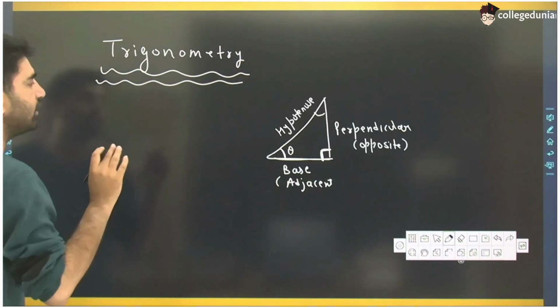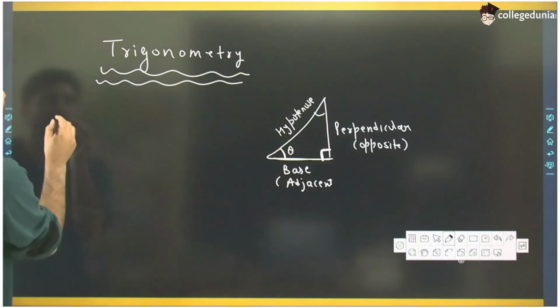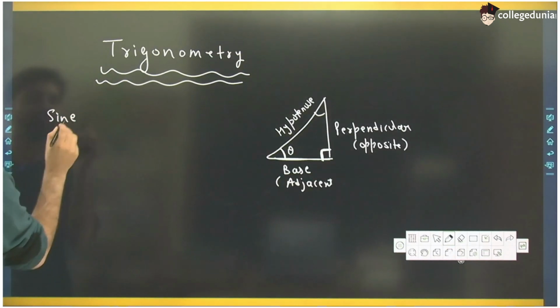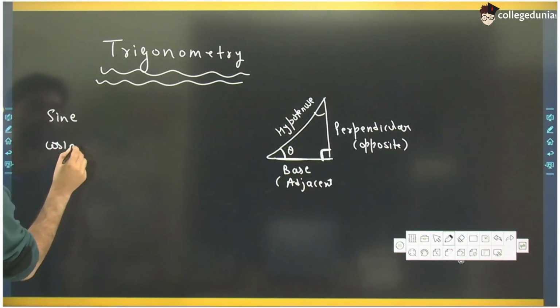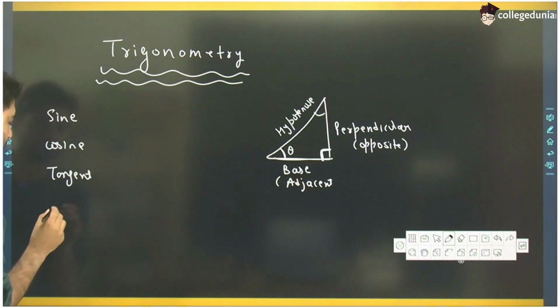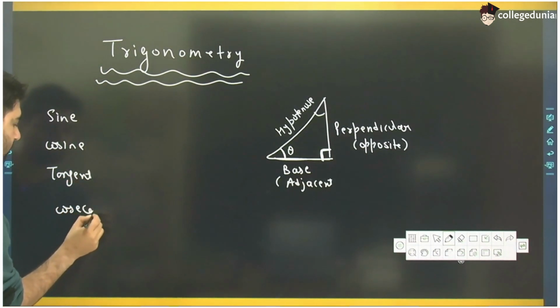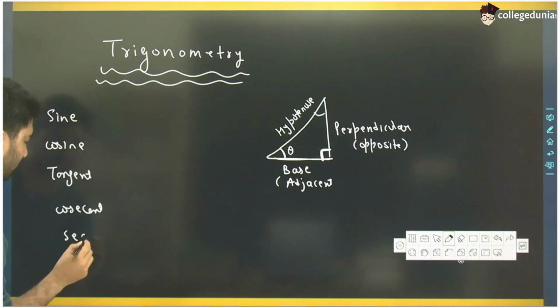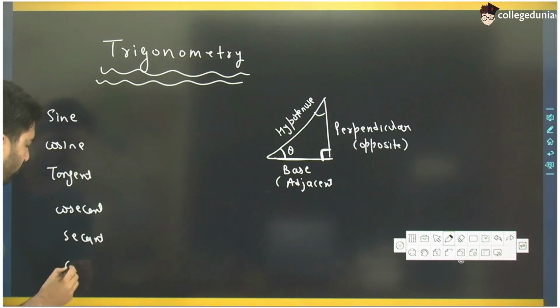There were 6 ratios: sine, cosine, tangent, cosecant, secant and cotangent.